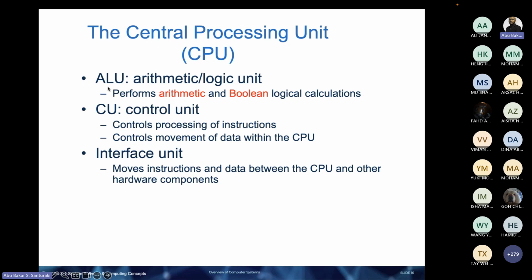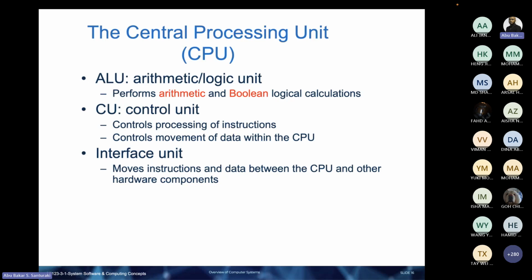The arithmetic logic unit is the part of the CPU that performs arithmetic and Boolean operations. The control unit controls and coordinates all the activities of the CPU. So listen to this. Your central processing unit is responsible for controlling and coordinating all the activities of your computer.